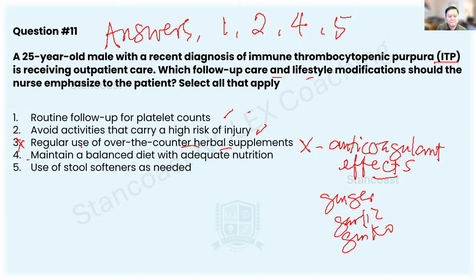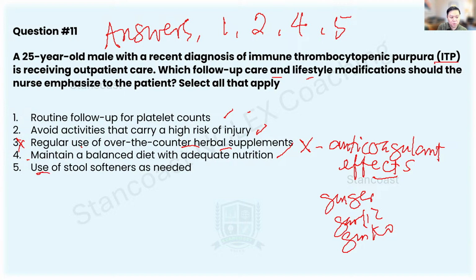Number 4, maintain a balanced diet, adequate nutrition. Of course, never eliminate that one. What about number 5? Use of stool softeners. This is very important, especially for those patients that have chronic constipation. So we're going to encourage the use of stool softeners in order to prevent constipation and straining.